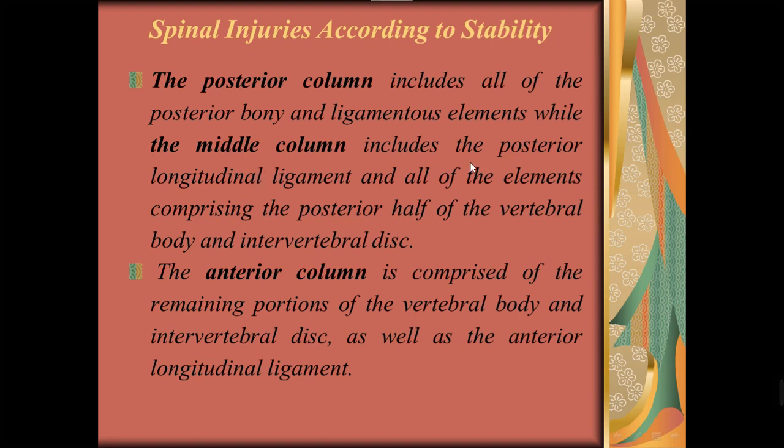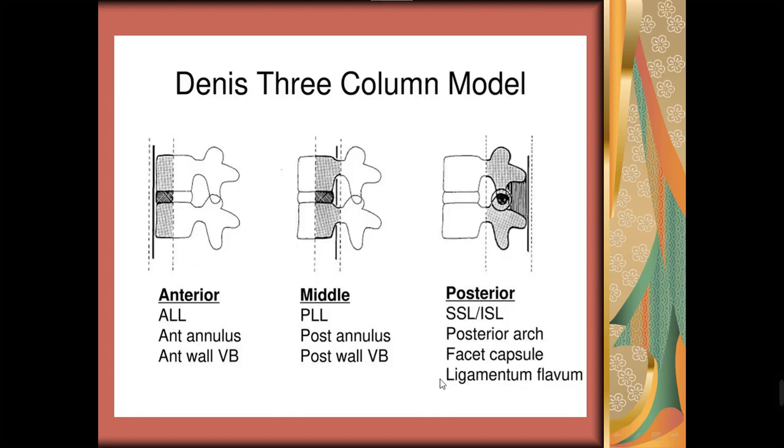The middle column includes the posterior longitudinal ligament and all of the elements comprising the posterior half of the vertebral body and the vertebral disc. The anterior column is comprised of the remaining portions of the vertebral body and the vertebral disc, as well as the anterior longitudinal ligament, as you can see in this figure.